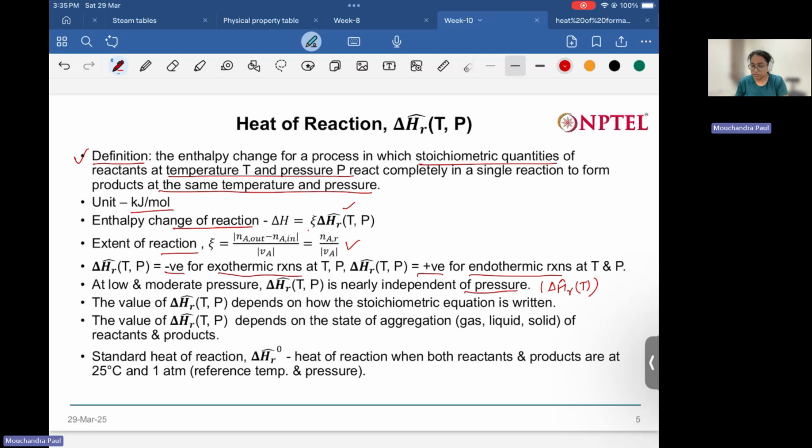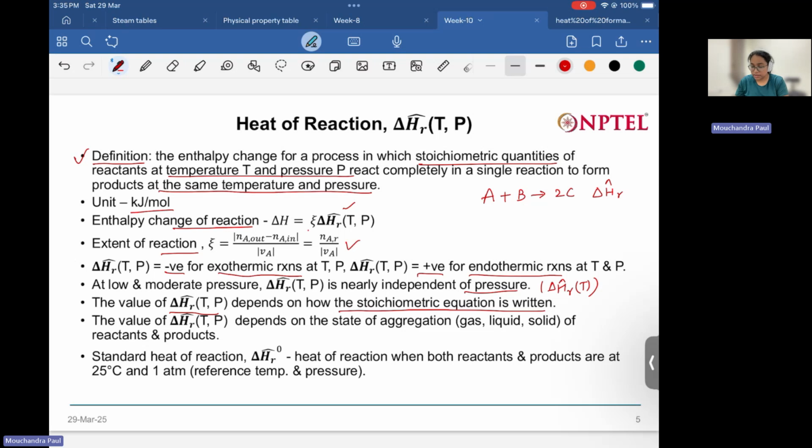The value of the heat of the reaction depends on how the stoichiometric equation is written. So let's suppose there is a reaction equation A plus B gives 2C. Okay, so let's say it has heat of the reaction delta HR.